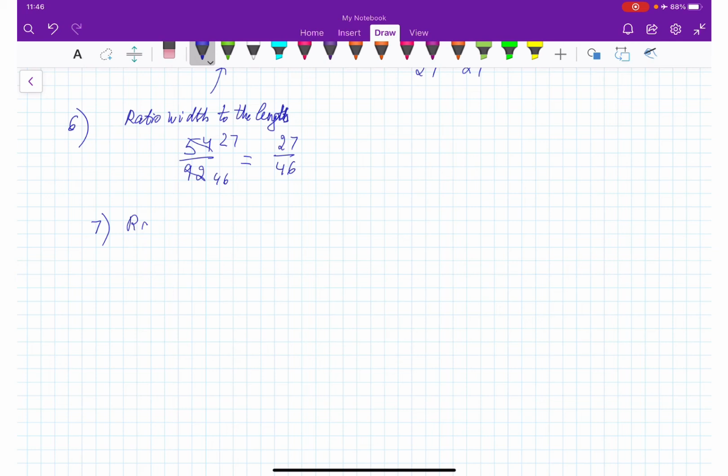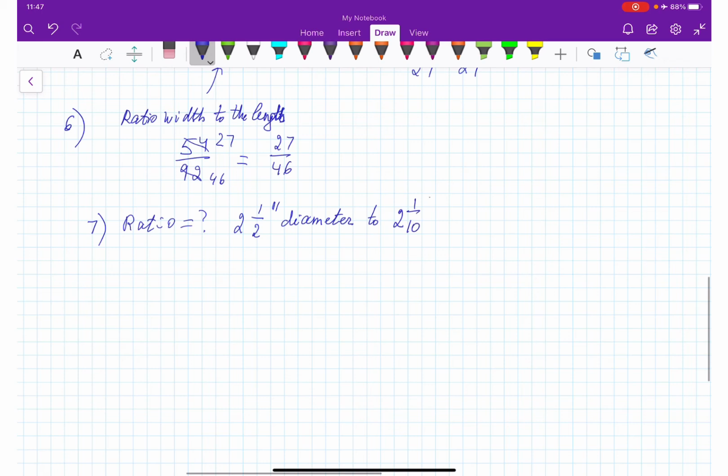So we need to find the ratio of a 2 and 1/2 inch diameter to a 2 and 1/10 inch diameter object. So what is it going to be?